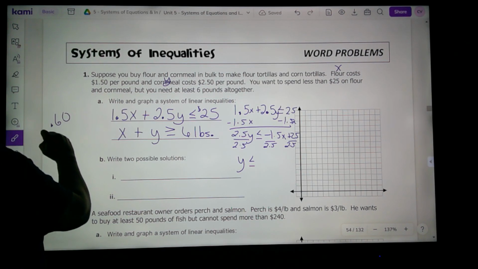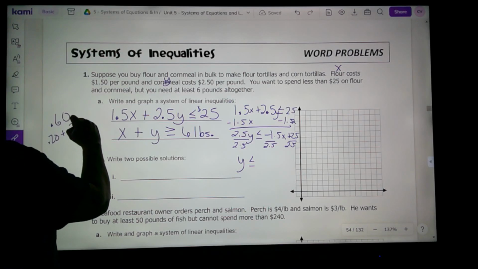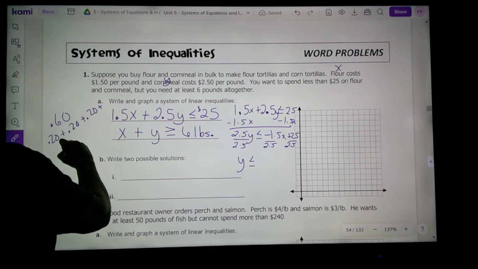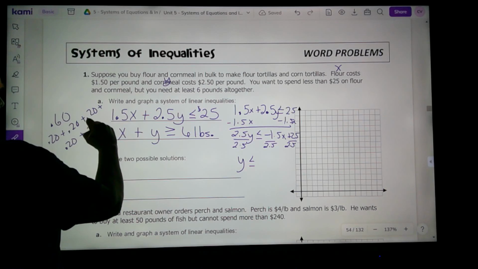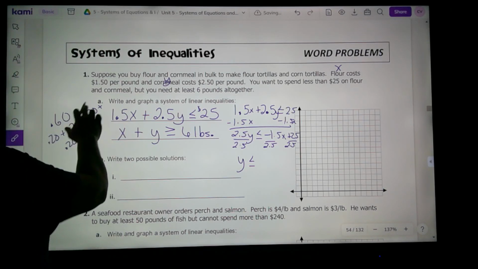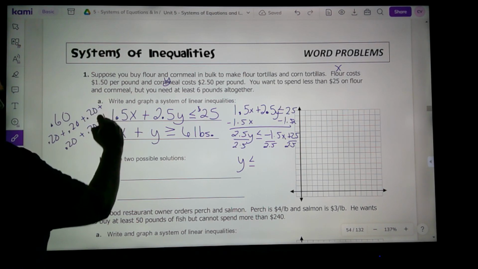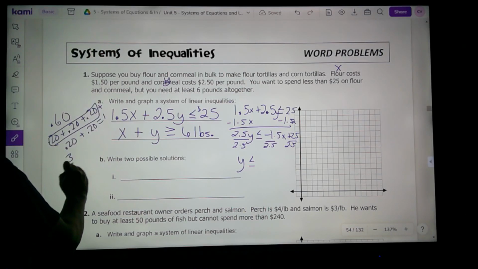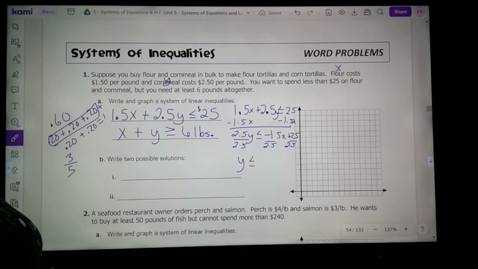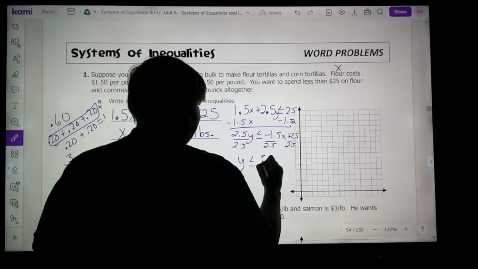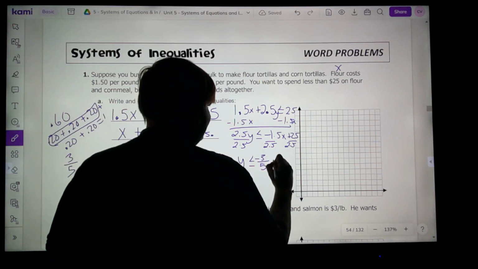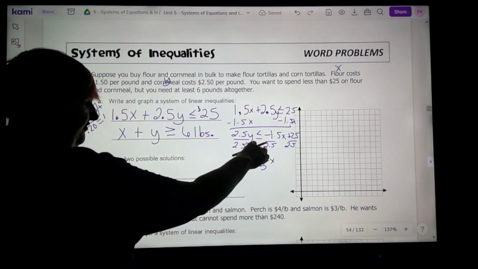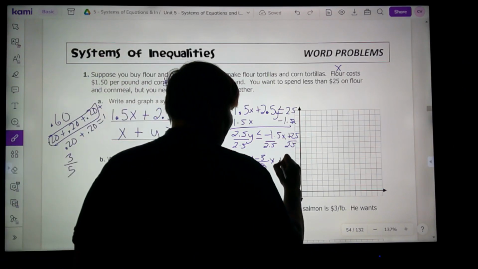How many 20 cents are in a dollar? 20, 40, 60, 80, 100 cents, so there are 5 twenty cents in a dollar. We need 60: 20, 40, 60. So we need 3 out of the 5 twenty cents, 3/5. So the slope is negative 3/5 x, and 25 divided by 2.5 is just going to be positive 10.